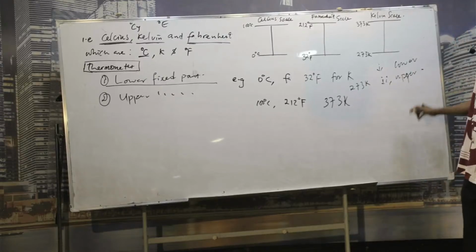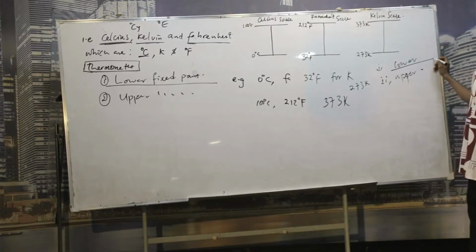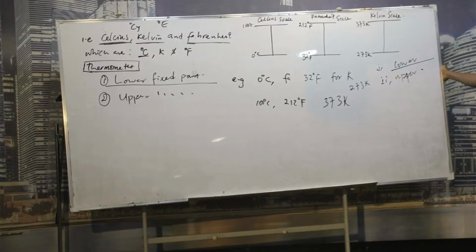You will tell them that lower fixed point is the temperature at which water will freeze for that given thermometer. Another name for lower fixed point is freezing point or ice point. Sometimes WAEC might remove one and put ice point, so just know that it is interchangeable: either lower fixed point, ice point, or freezing point.